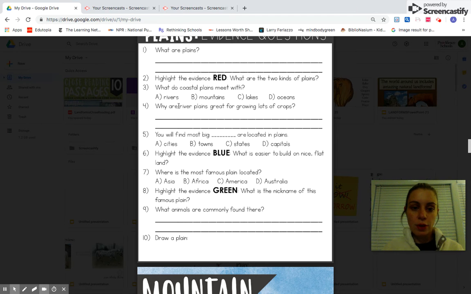Okay? So everyone write that. River plains are great for growing lots of crops because. Now go back in the text and find why are the plains that are on rivers, why are they great for growing crops like food and plants? Remember we talked about that. Okay, pause and answer it.